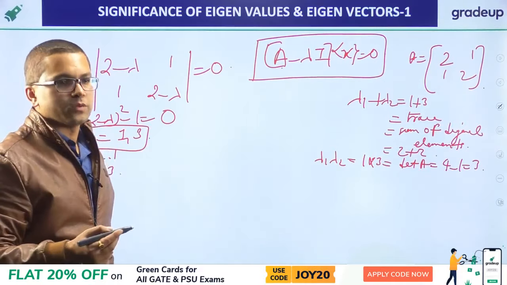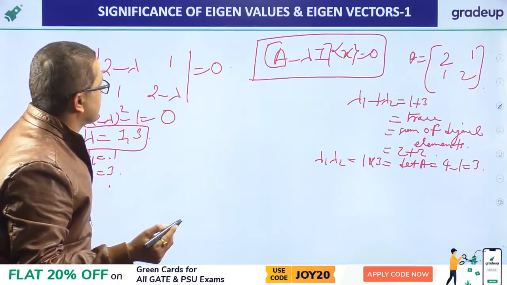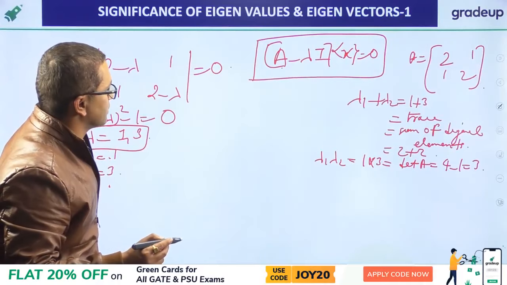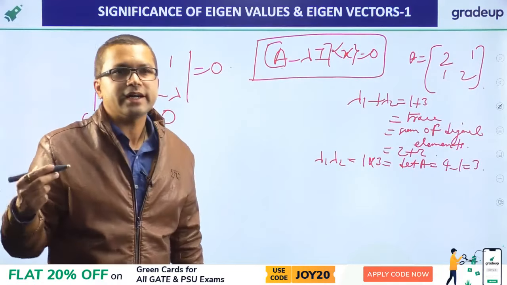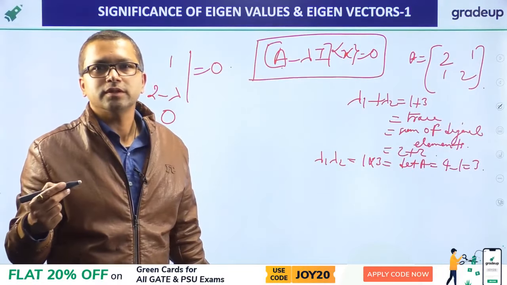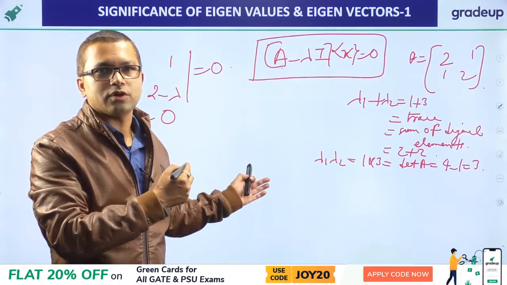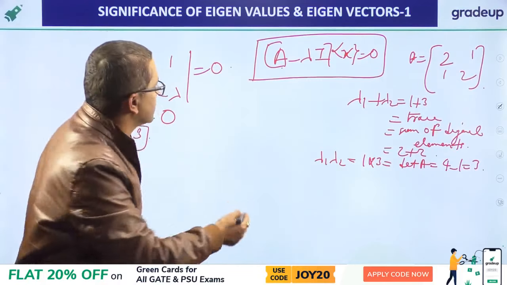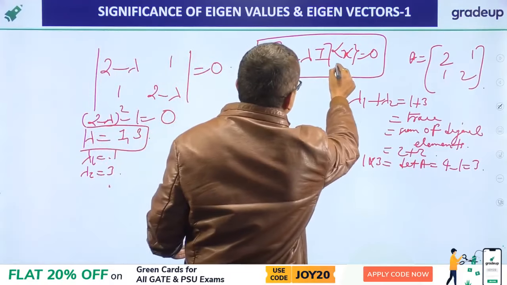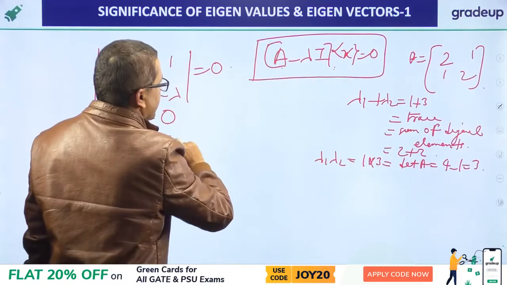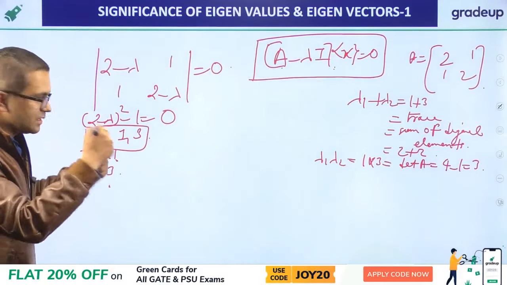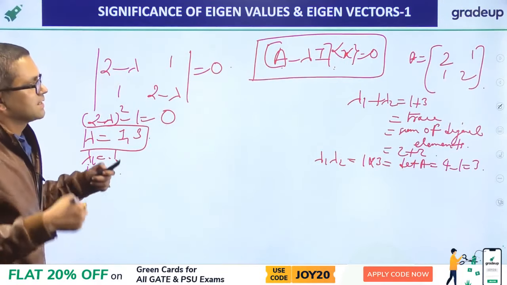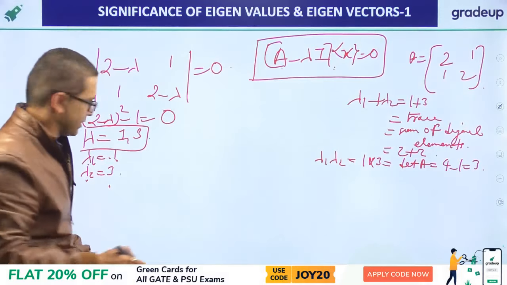I'll tell you where exactly is the application of eigenvalues and eigenvectors. All right? Fine. So, can you quickly find eigenvectors for me? I suppose you know all this. If you don't, we are going to use this equation and put lambda 1 equal to 1 firstly and lambda 2 equal to 3 the second time.